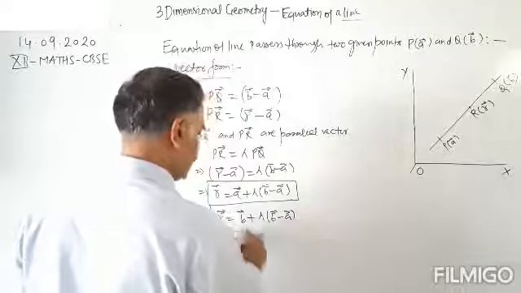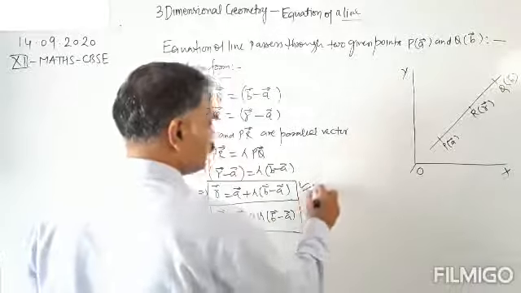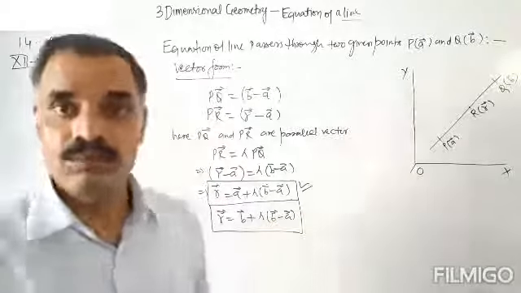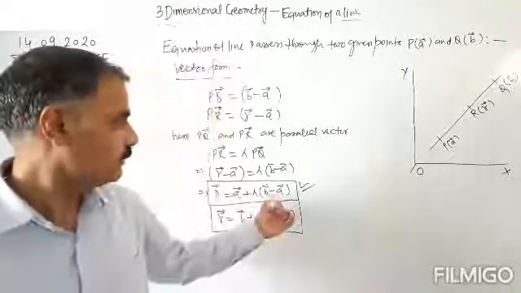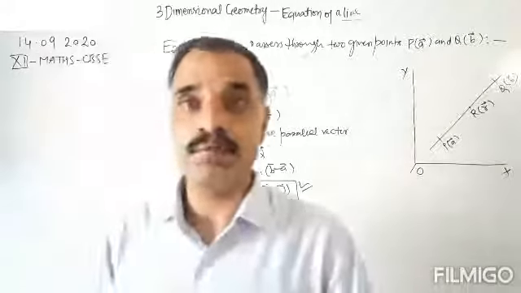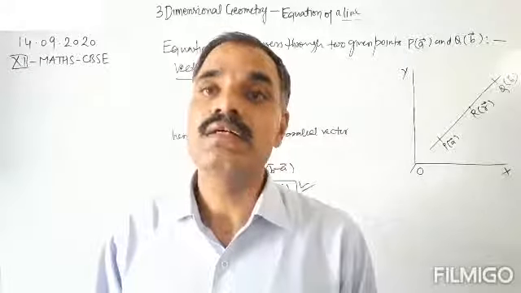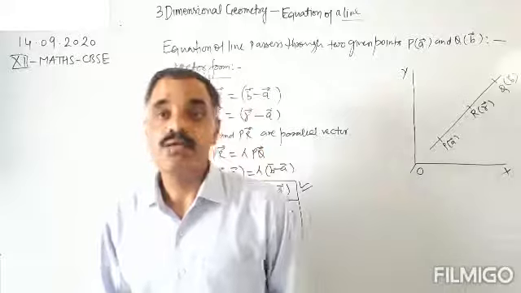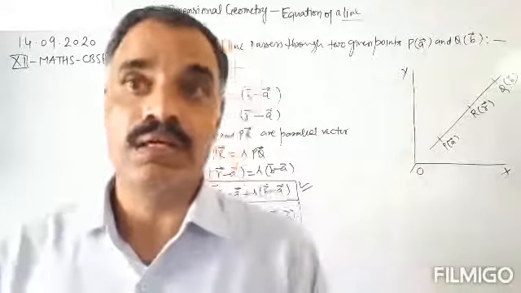Both are the same. We mostly use the equation of a line passing through 2 points, that is r vector equals a vector plus lambda times b vector minus a vector. We will use this equation frequently.